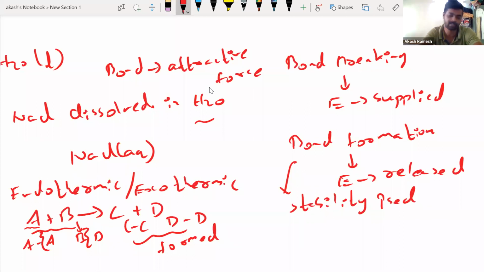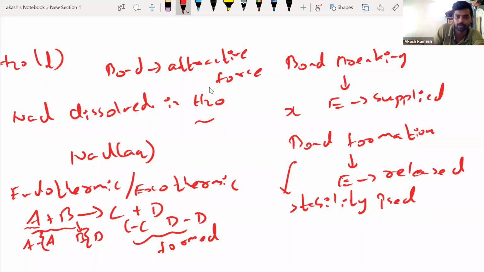Energy is going to get released from the process. So there are two different energy processes happening. One is energy being supplied on the reactant side, because I have to break the bonds. And on the product side, because of the new bonds getting formed, energy is released.